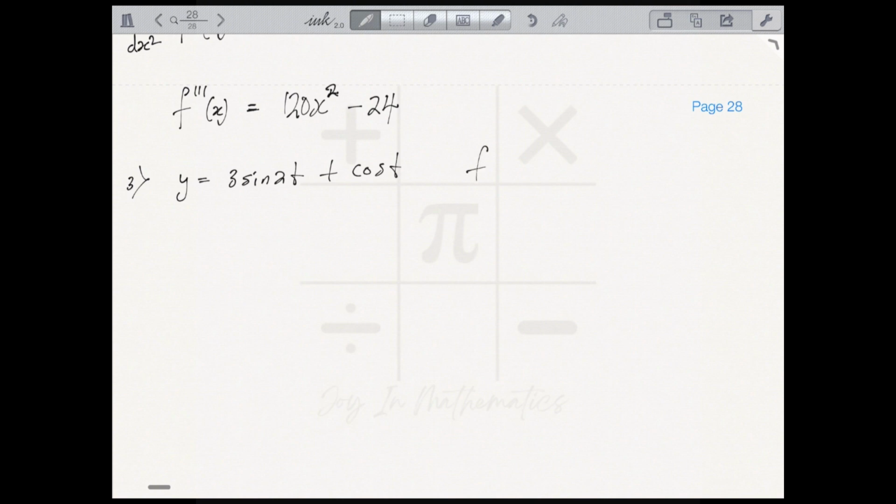That means we are asked to evaluate dy/dt and d squared y over dt squared.